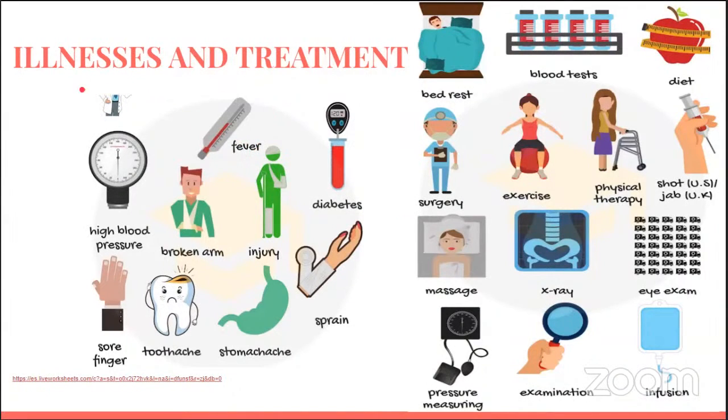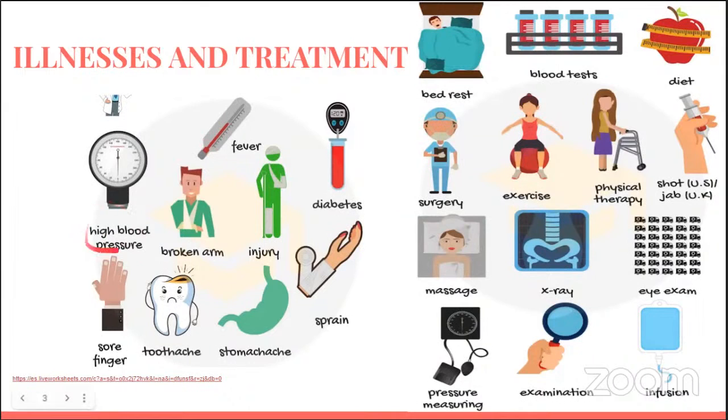All right. So, well, illnesses and treatments. This vocabulary might be very familiar to you because you are also working in this field. You're a professional from the area, so it will be very easy for you. Let's please go on to the first word, high blood pressure.